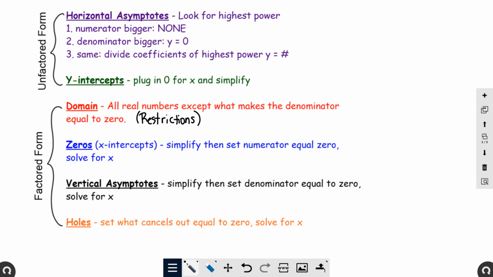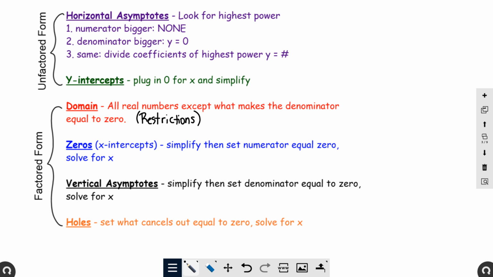I added an extra line on your paper: simplify means to factor and cancel out. Remember how last week I said if you factor everything, then you can make at least a 60? You got to factor again. So factor every single thing. Once you have simplified and canceled out, take that numerator and set it equal to 0. That will tell you what your x-intercepts are.